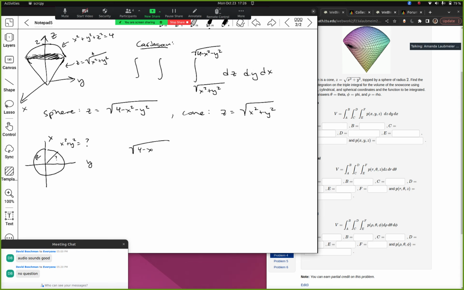So the square root of 4 minus x squared minus y squared is equal to the square root of x squared plus y squared. That is actually equal to this without the square roots, I just square both sides. Or 4 is equal to 2x squared plus 2y squared, by adding the x squared and y squared from the left to the right.